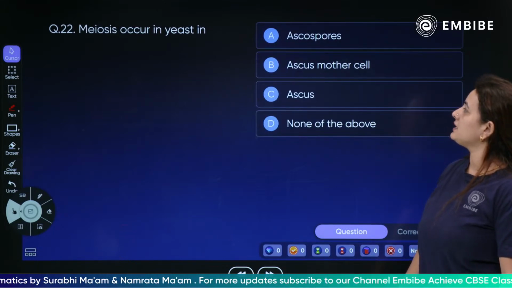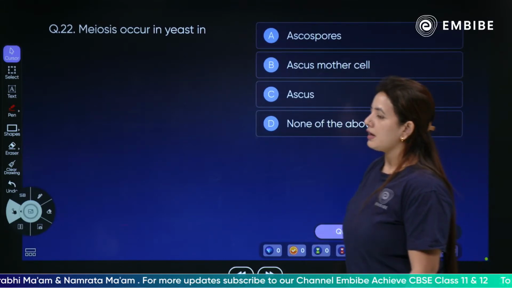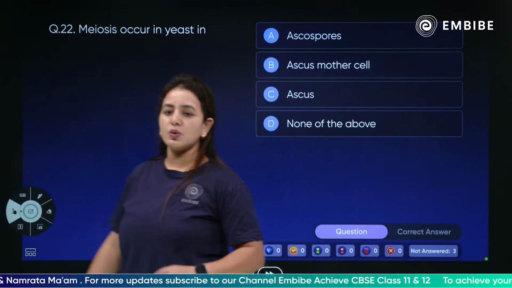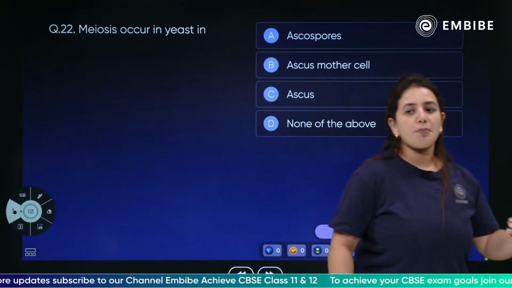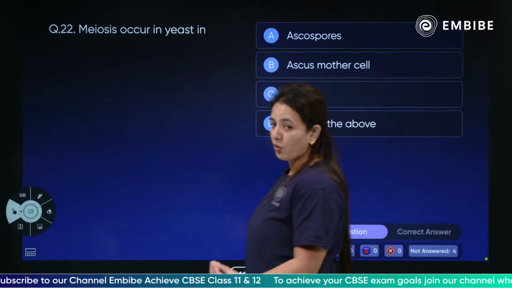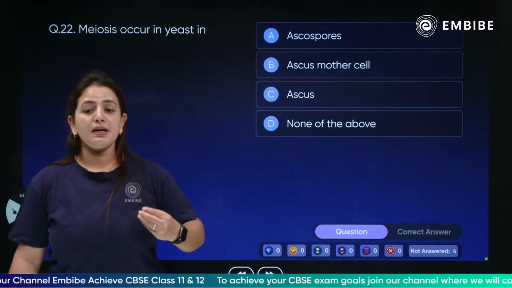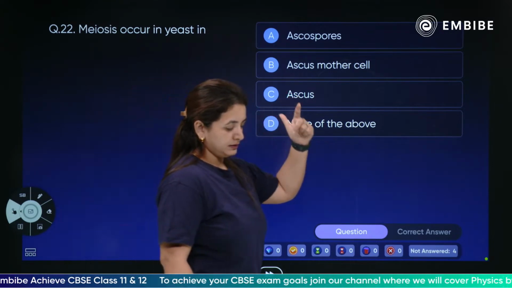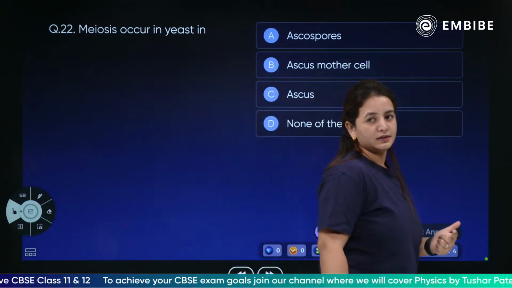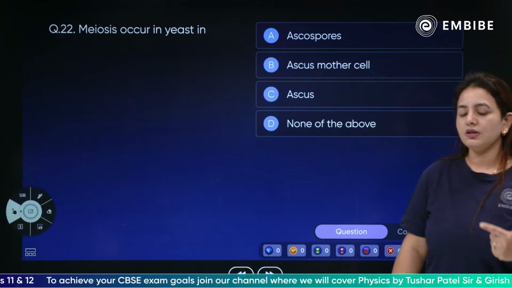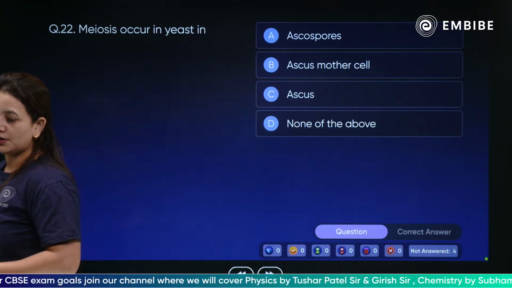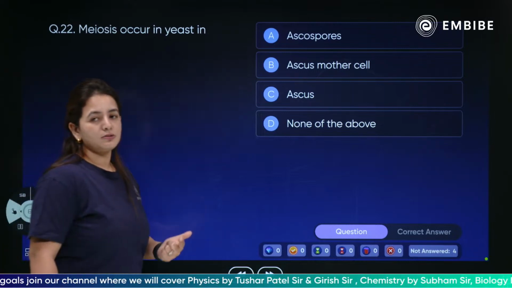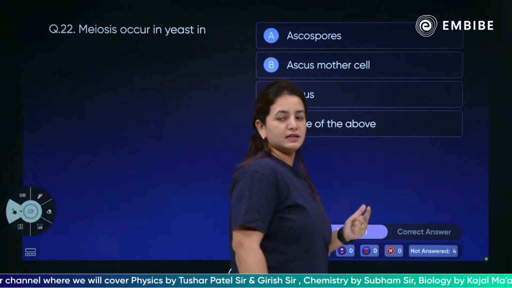Meiosis occurs in yeast in which among them? Meiosis, which is a reductional division, leads to the formation of haploid spores. Yes, meiosis is occurring among them: ascospore, ascus mother cells, ascus, none of the above.